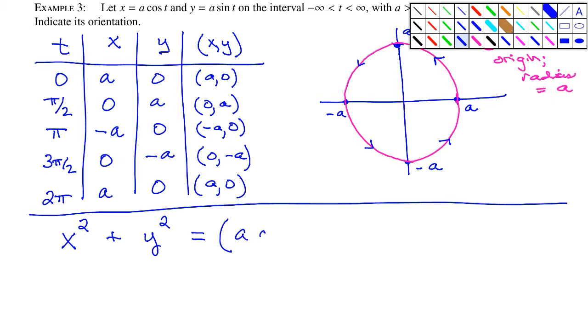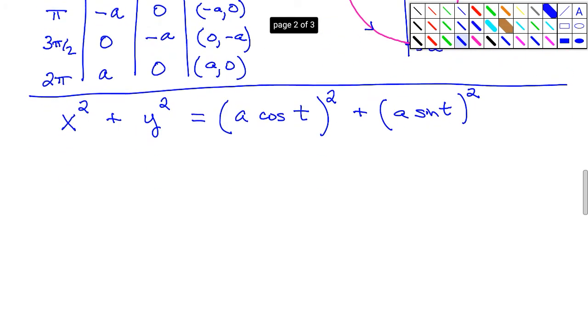And that would be, making the substitution, a times the cosine of t squared plus a times the sine of t squared, that gives me a squared cosine squared of t plus a squared sine squared of t.